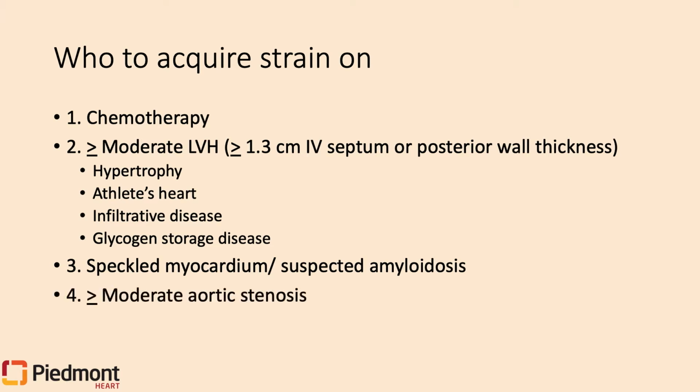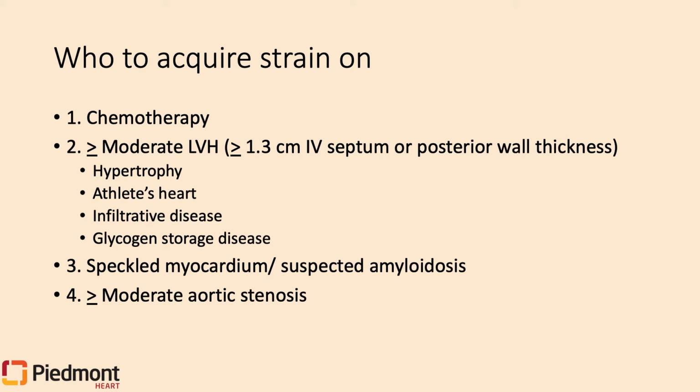And finally, in patients with moderate or severe aortic stenosis, please try to acquire strain. There are data suggesting that in all sorts of valvular heart disease, AS, AR, MR, strain can offer prognostic information. The most data we have right now is in aortic stenosis, where we've seen that patients with severe AS who are referred for AVR, those who have reduced strain actually have increased cardiac morbidity and mortality.